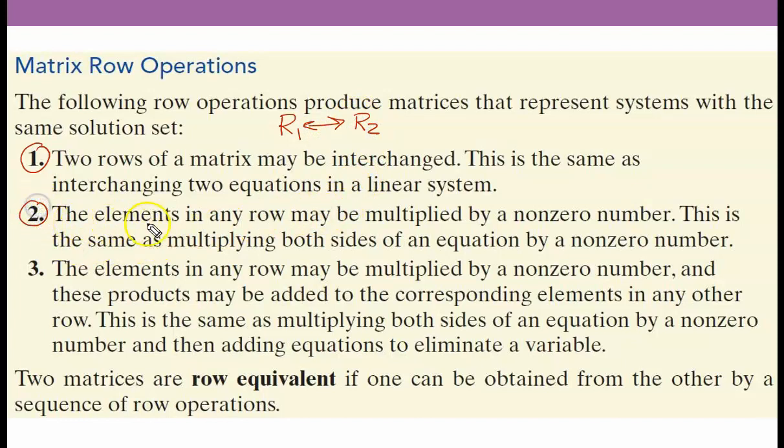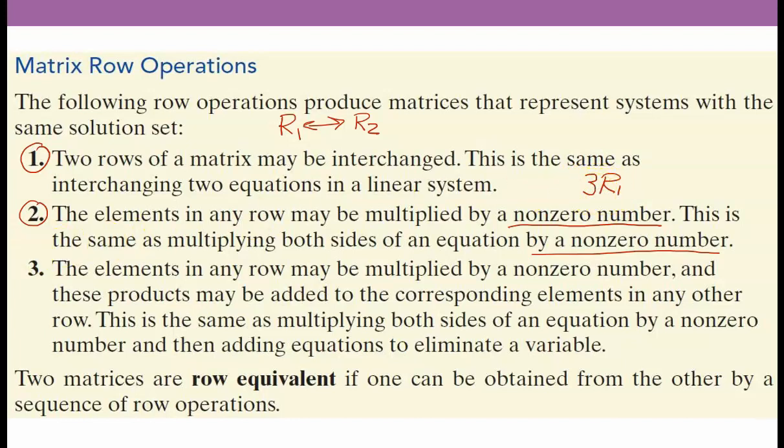Item 2, the element in any row may be multiplied by a non-zero number. This is the same as multiplying both sides of an equation by a non-zero number. So if you were going to multiply row 1 by 3, let's say, you would indicate it this way. This is the symbolism for saying you're going to multiply row 1 by 3.